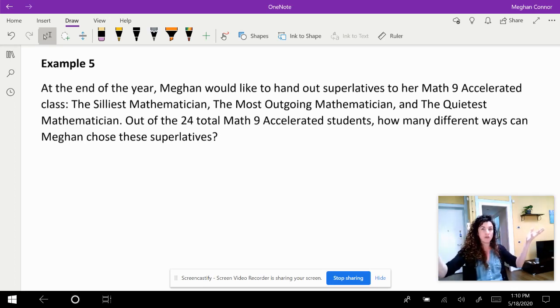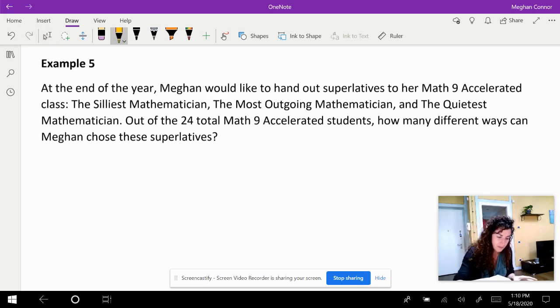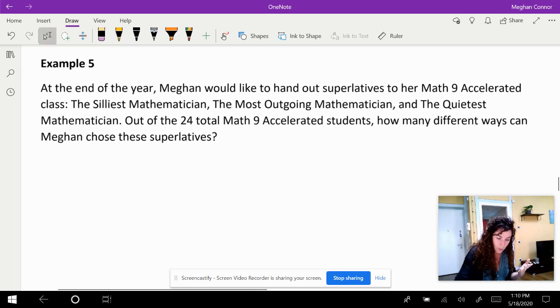I'm not going to just choose 3 people and say, hey, you 3 won these superlatives, but I'm not going to tell you which one, right? It could be the silliest one or the quietest one. That's a big range of difference. So we're not talking about a specific order, but a specific spot that they go in. So here, the number of options is 24, and then the number of slots is 3.